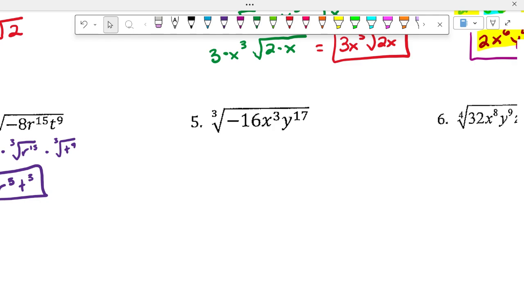No, -16 is not a perfect cube. It's not on that list I gave you. So that means we got to break it down factor tree style. Or we can figure out what the highest factor is that is a perfect cube that can go into negative 16. Which one do you want to do, the factor tree or the other way? Let's do the factor tree.